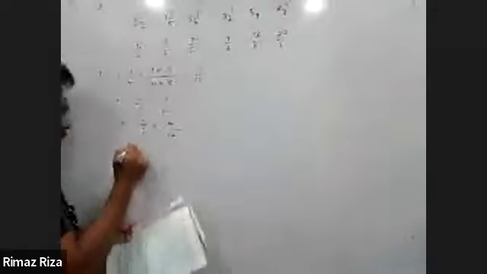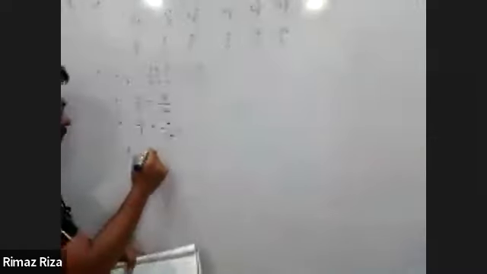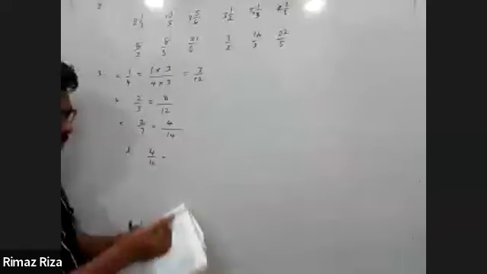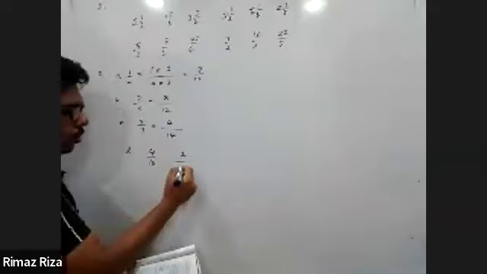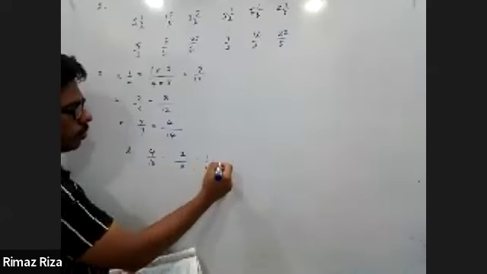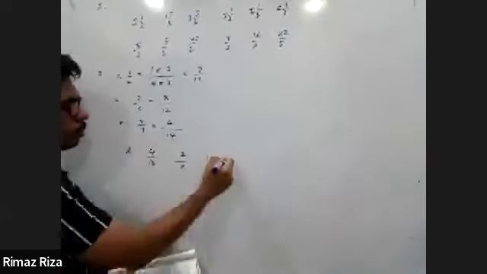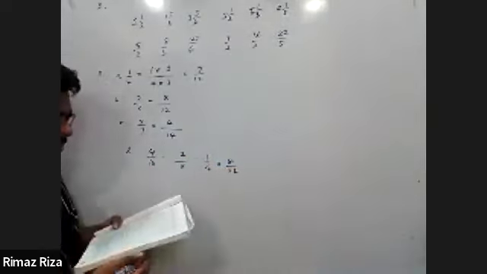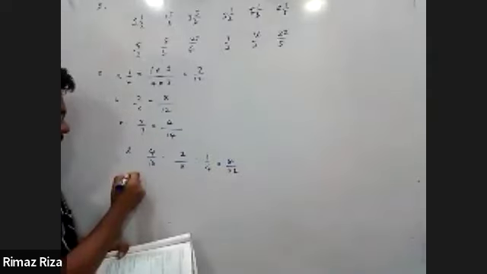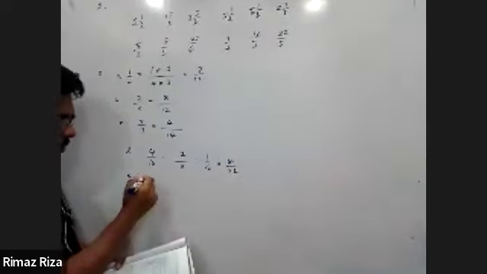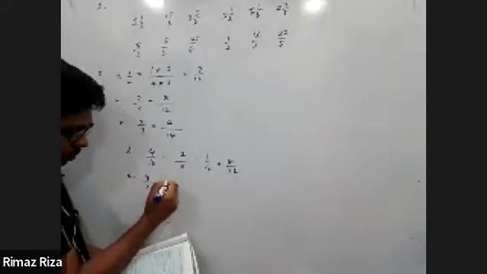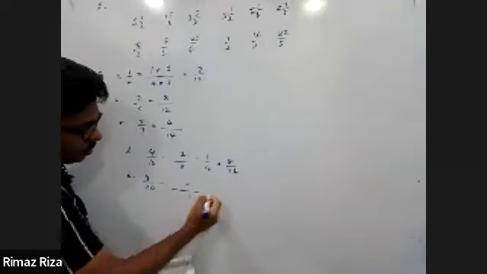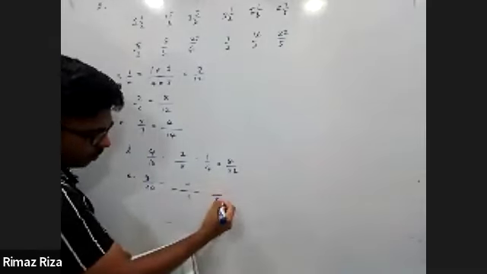D, 4 over 16. So here both are blank, so you can write either 2 over 8 or 1 over 4, or you can multiply, even 4 into 2, 8, so 16 into 2, 32. Any of these. Consider E, 8 over 20 is equal to, so here you have a division mark, then here you have 5.